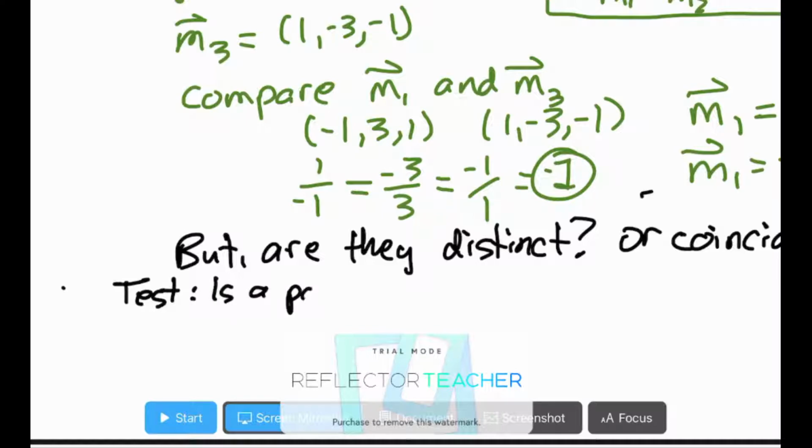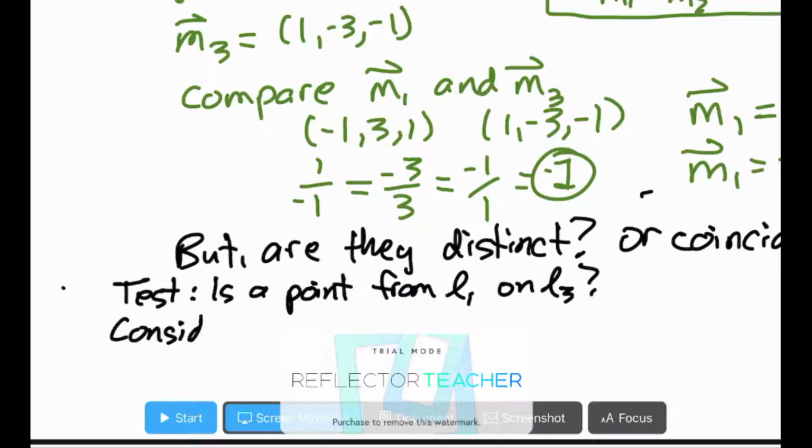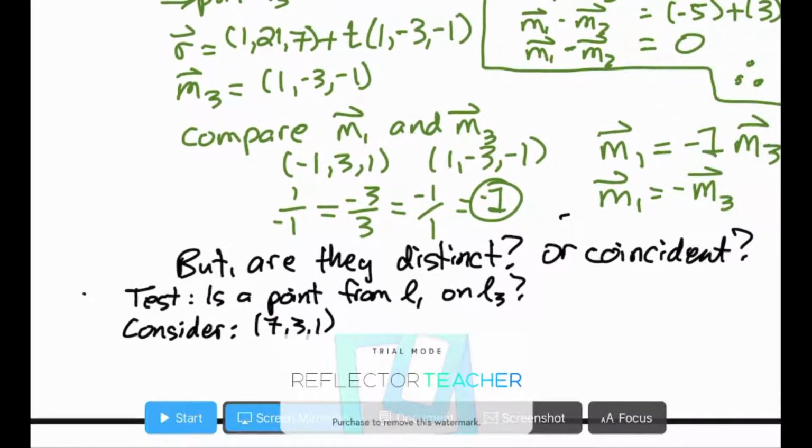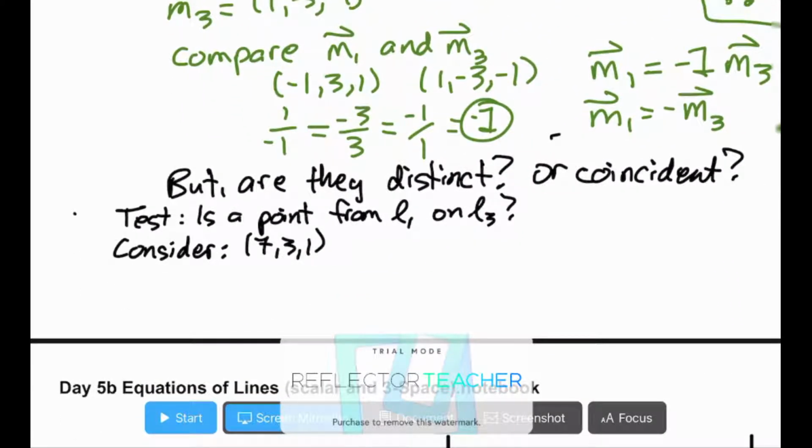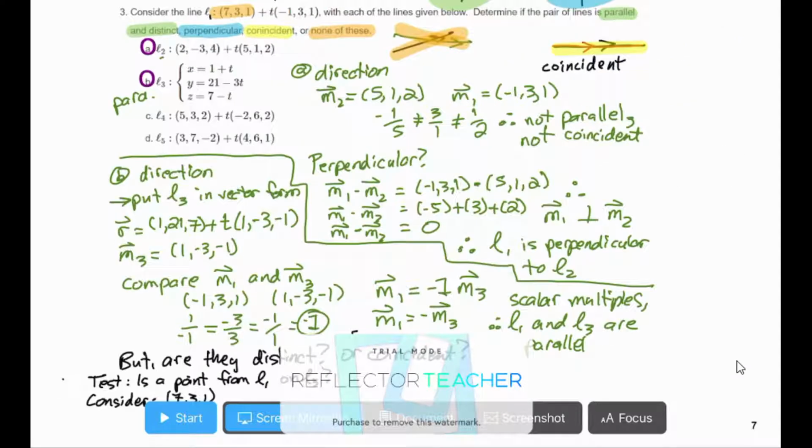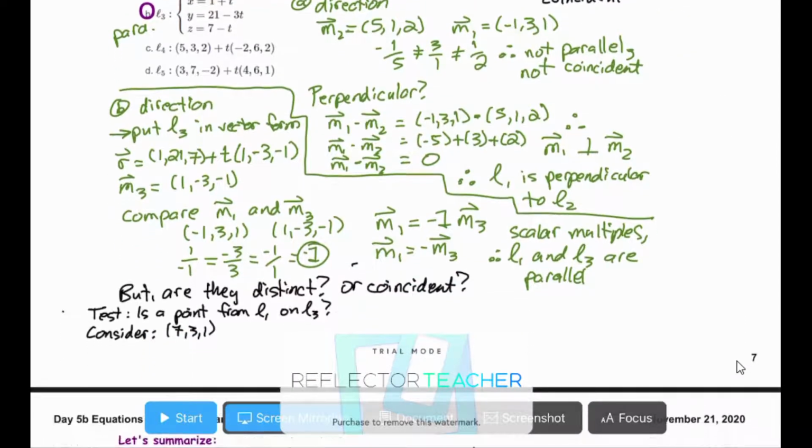Is a point from L1 on L3? We're going to consider the position vector from our vector equation 7, 3, 1. To do this, we're going to use our parametric equations for line 3.